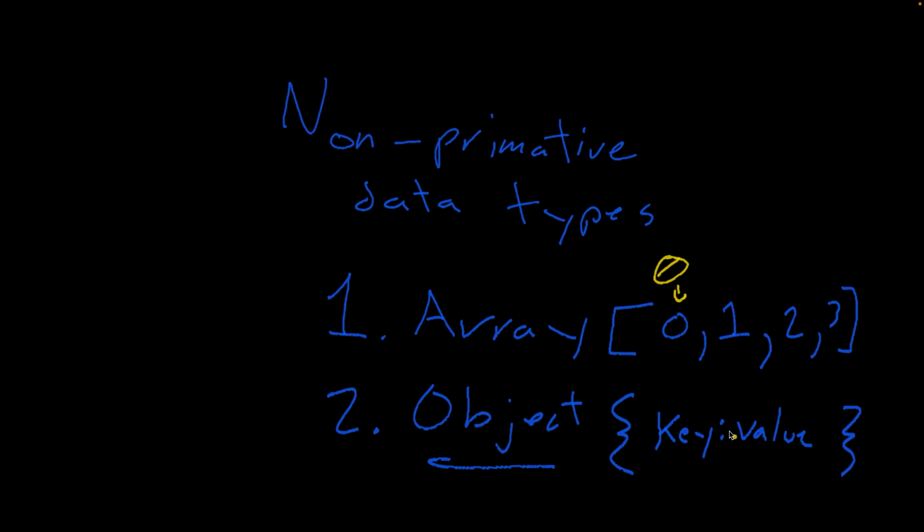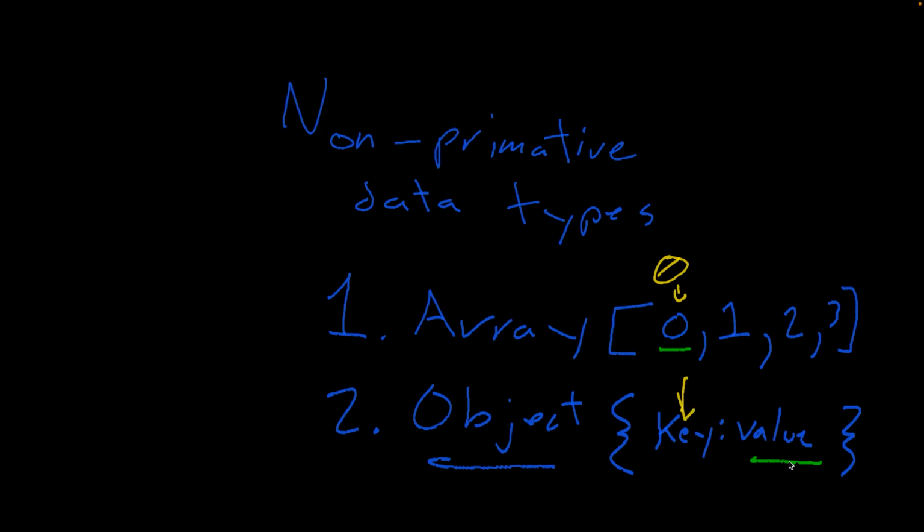When we work with an object, instead of calling the index position, we are calling the key. If we call the correct key in the object, then we get the value.